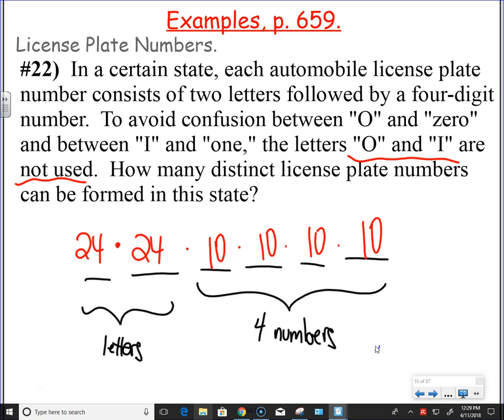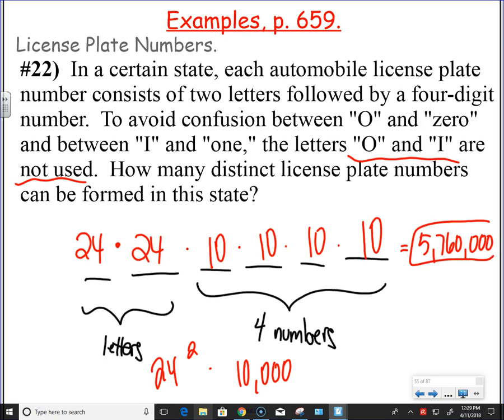So some of you could just come up with the 10,000 on your own and say, oh, there's 10,000 4-digit numbers times the 24 squared. And that would also be okay. You could group this all together as how many 4-digit numbers, or you can just multiply digit by digit. Did anybody actually solve that? Cool. Does that make sense?